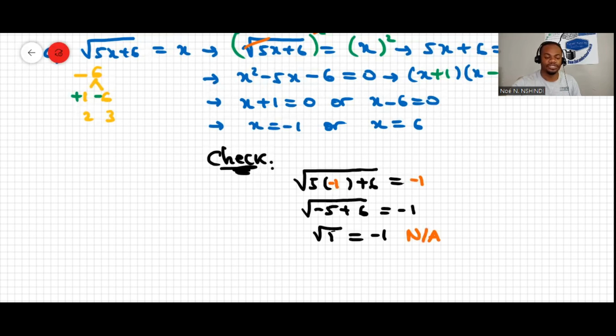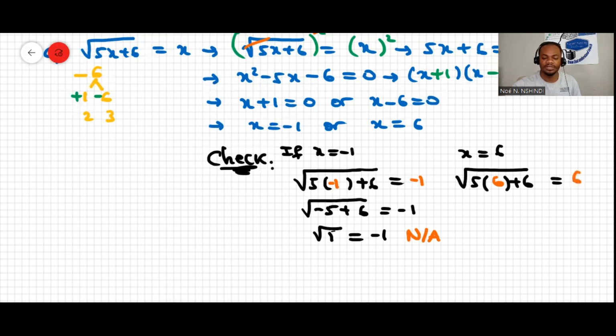But if we check for the other, this is if x equal to -1, and if x equal to 6, what we will have is square root of 5, open brackets, 6, if I sub 6 there for x.